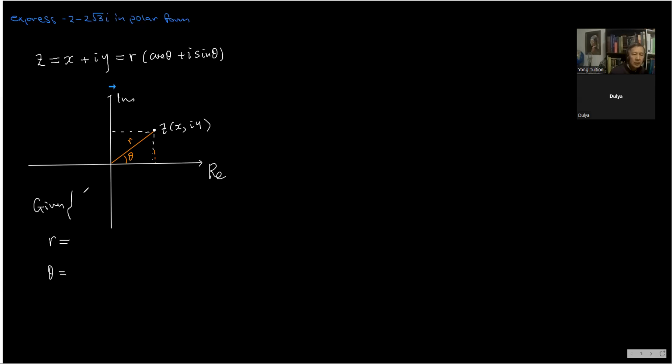Given x equal to -2, y is equal to -2 square root 3. This is much simpler than the question you asked last time. So what is r, what is theta?